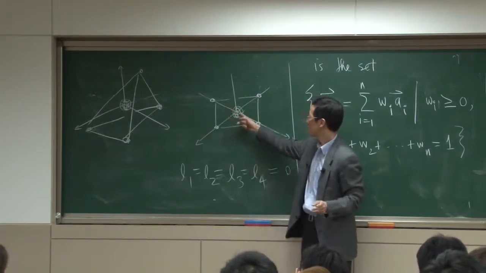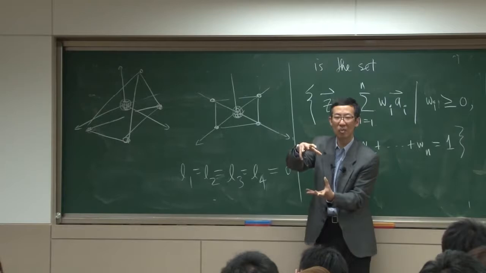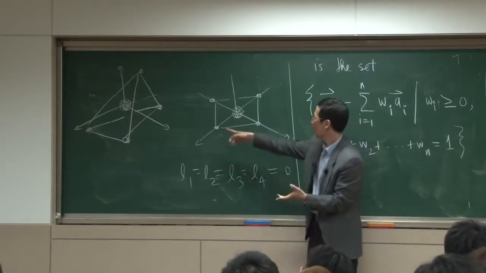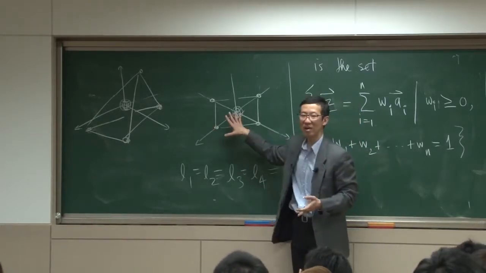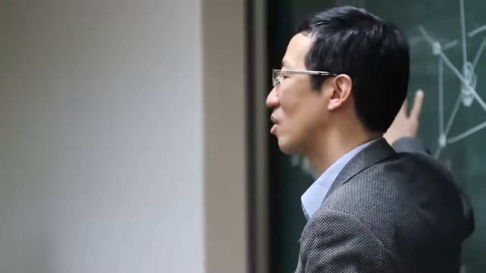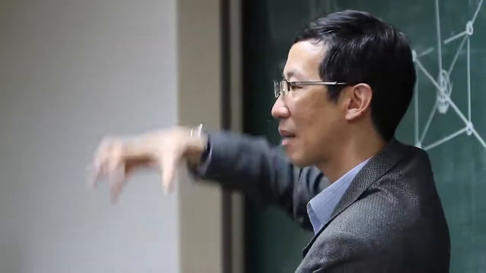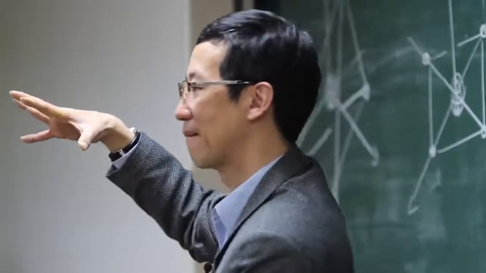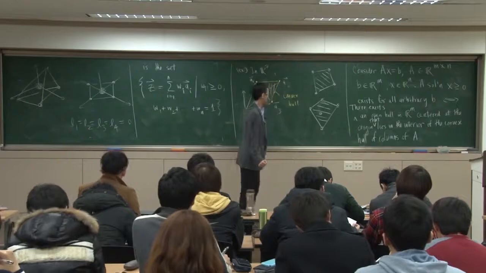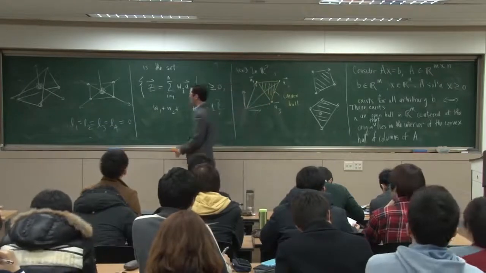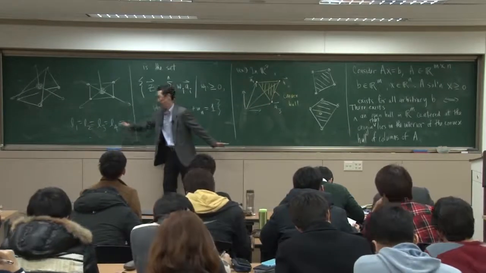So you see that because it's a three-dimensional ball, and the convex hull is a square in the xy plane, there's no way that this ball can be in the interior. This top part and the bottom part are sticking out. So this fails our test.